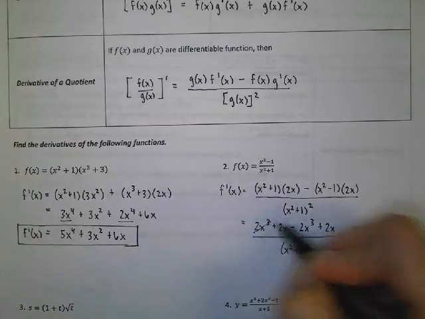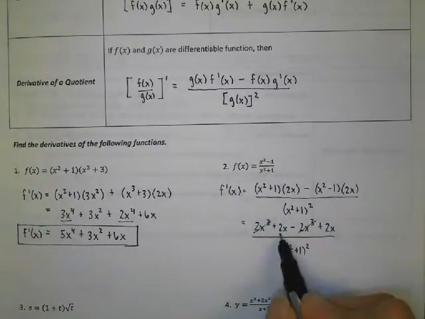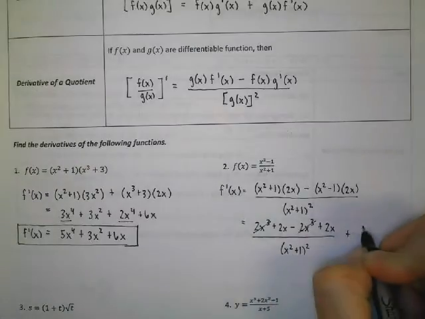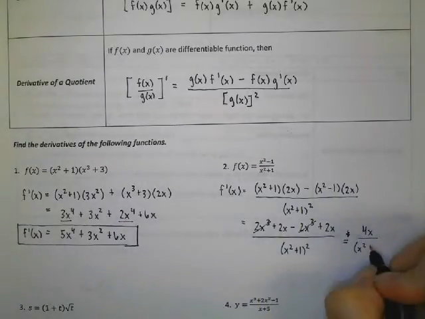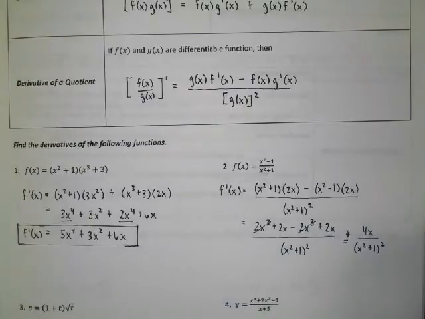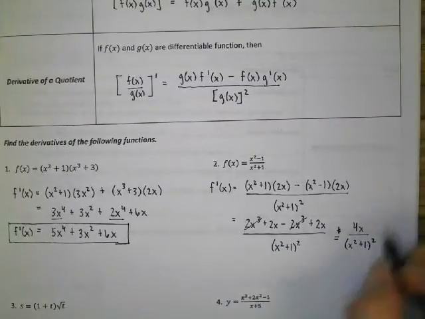Now we notice our 2x cubes cancel, and I'm left with 2x plus 2x, or 4x, over x squared plus 1 quantity squared. And that's our derivative.